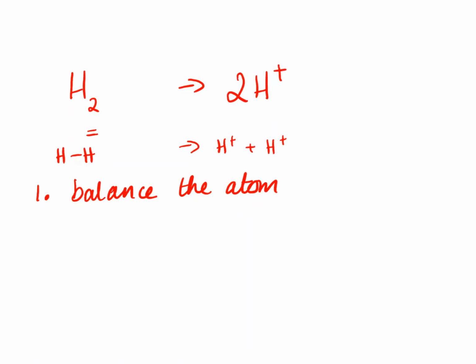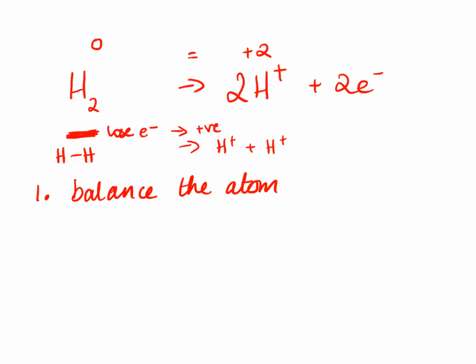Then we have to look at the charges. Well, what we've got here is a neutral molecule on the left hand side and 2 pluses, or +2, on the right at the minute. Now the electrons, for something neutral to form something positive, the neutral thing, in this case our hydrogen molecule, has to lose electrons to become positive. And so we would put 2 electrons on the right hand side.